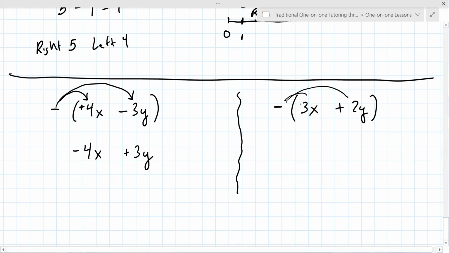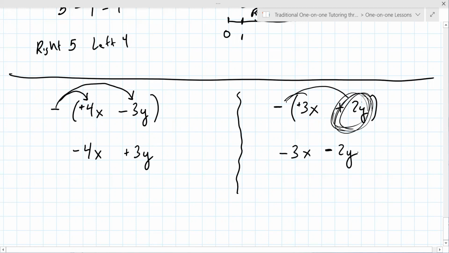Is 3x positive or negative? That's one of the things you should be thinking about. It's positive, right? So this negates it, and this becomes negative 3x. Is 2y positive or negative in here? It's positive, right? So it becomes negative 2y.